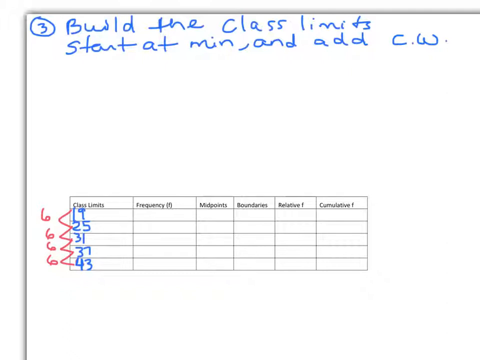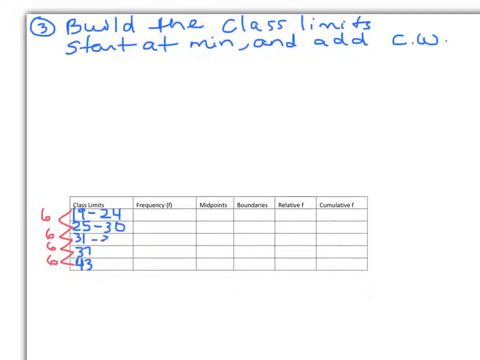That's what I always want to build first. And watch, I go back and fill in. The first class is going to be everyone that's 19 to 24. I have 24 because the next class starts at 25, so that one class above must end at 24. I built all my lower ones, and now I go back and fill in my upper ones. So this class must end at 30.